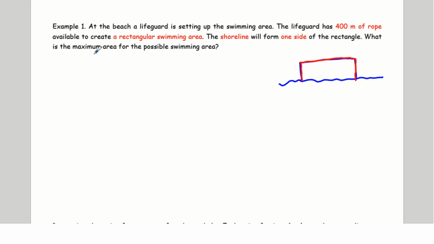So it asks you for the maximum area of the possible swimming area, which means you want to find the vertex. For this question, we want to use the factoring method to find the vertex. The equation is not given, so we need to introduce a variable.